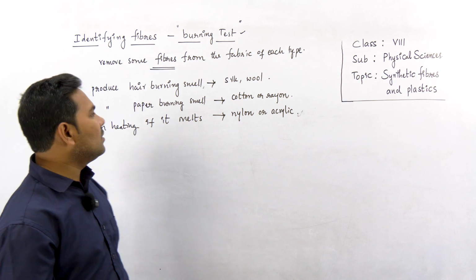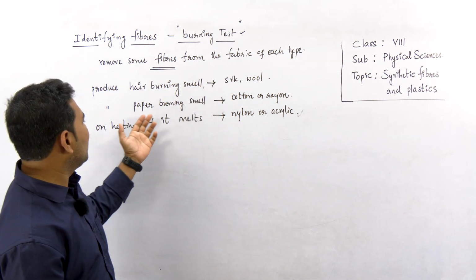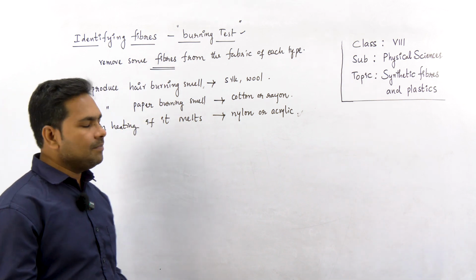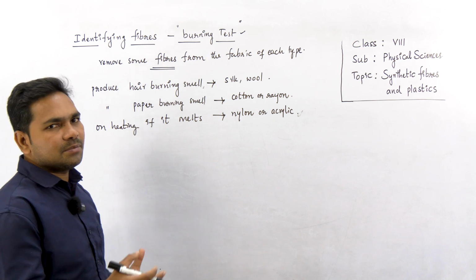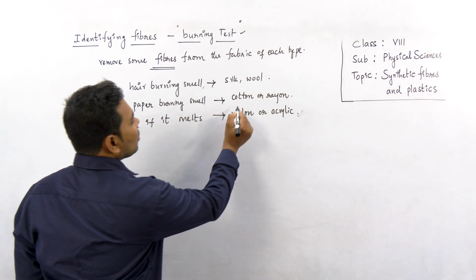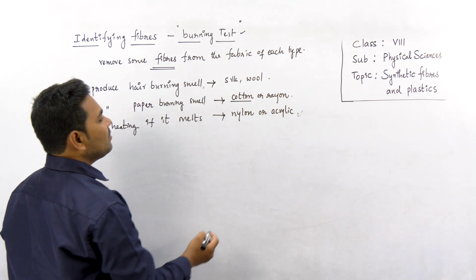Instead of a hair burning smell, if it produces a paper burning smell, we know what type of smell is produced when paper is burnt. It can be cotton or rayon. Here cotton is a natural fiber. The source of cotton is a plant.